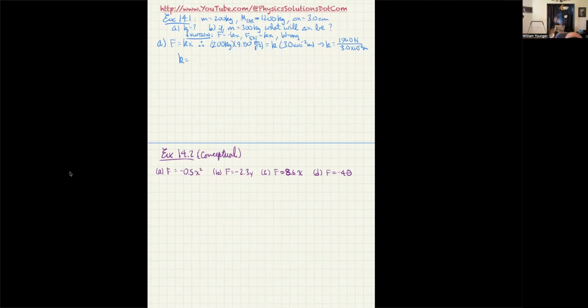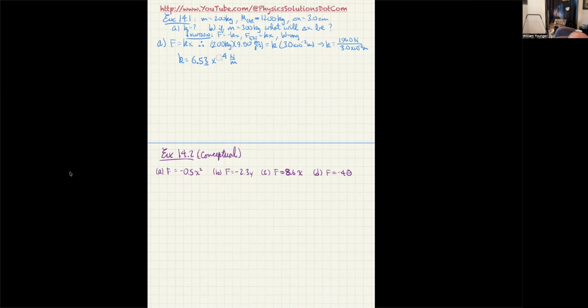So that's going to give us K is equal to 1,960 divided by 3 times 10 to the negative 2, and that gives me 6.53. Notice I carried one extra sig fig there, but that's 6.53 times 10 to the fourth, and the units turn out to be newtons per meter.